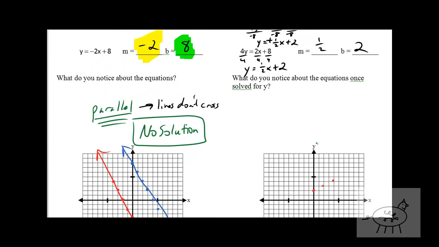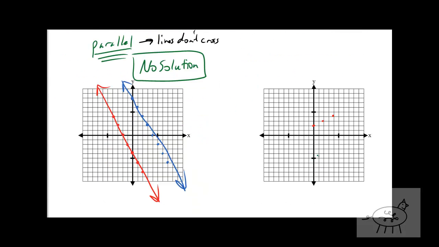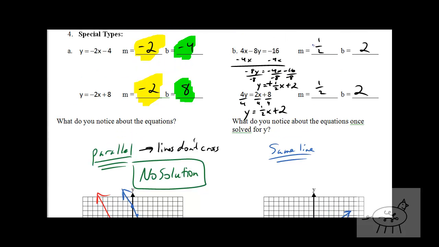Look what I have again: slope is 1/2, b is 2. Guys, I'm plotting the exact same line. It's right on top of it. So this is the same line. That is really important. Obviously you know that because the slope and the y-intercept are the same.